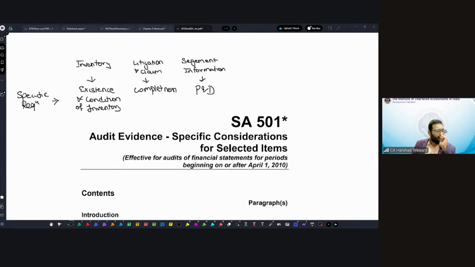Is it only the physical verification that we are talking about? If it was that simple, why then did we need a standard? Then valuation of the inventory. But that is not the part. I am talking about existence and condition.